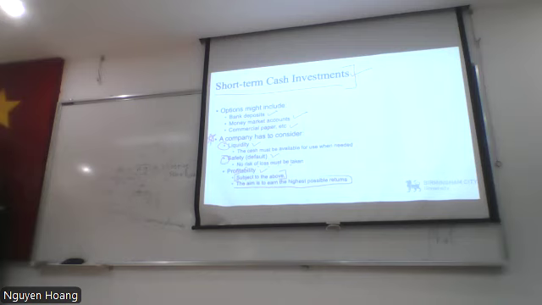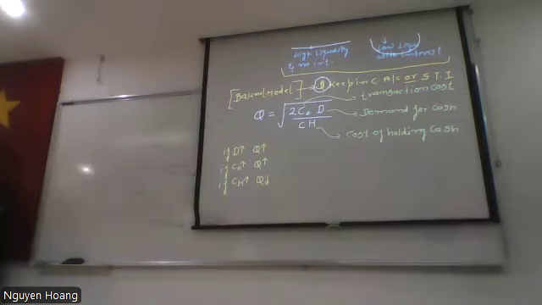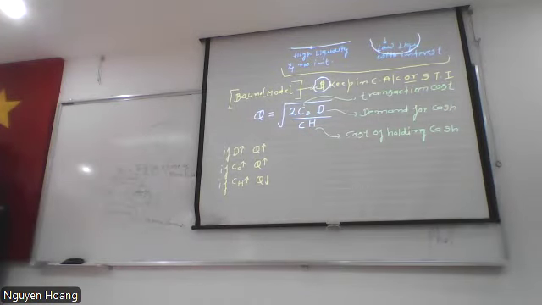Cash management is important, but if you want to manage your cash, better go with short-term investment, because short-term investment has a high liquidity compared to long-term investment. So these are the factors we should consider. I think we have nearly finished, so we will quickly go to the practice question.